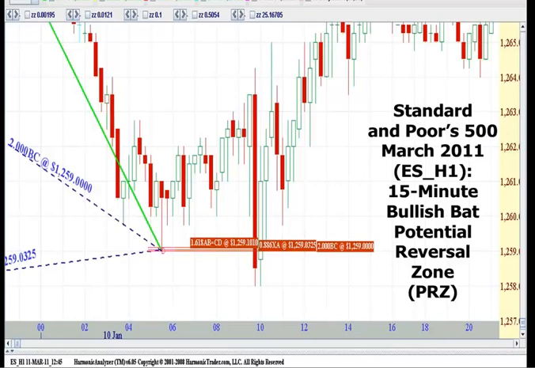Now this is important because, again, we will get into execution types, but although this structure required two tests, here's the first test, a type 1 reversal, then we have a secondary test, type 2. It found distinct support in this area.